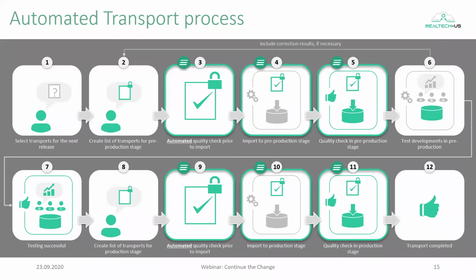REALTECH's vision of a standard SAP change and transport management process is that the only thing that is manual is the release of the transport, and then everything happens within our solution. It has some connectors or web calls or APIs to maybe a testing solution, so that it gets tested automatically, then comes back and can trigger an approval within our solution.